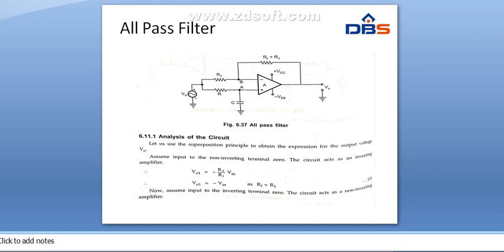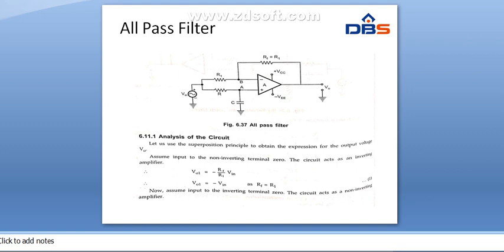So in the all pass filter, the gain is 1. Here it passes all the input frequencies. Here the gain is 1 for all the frequencies. So as the name suggests, it passes all the frequencies of the input signal.